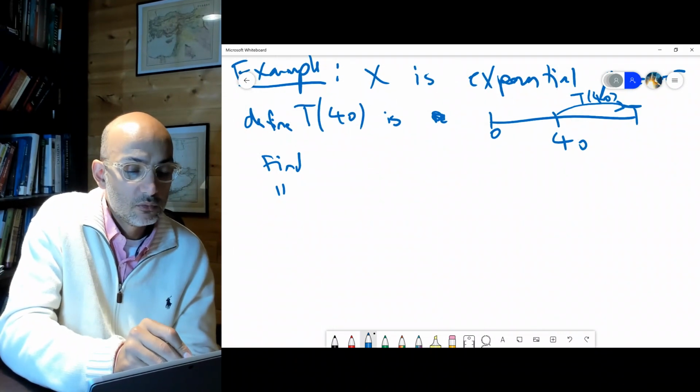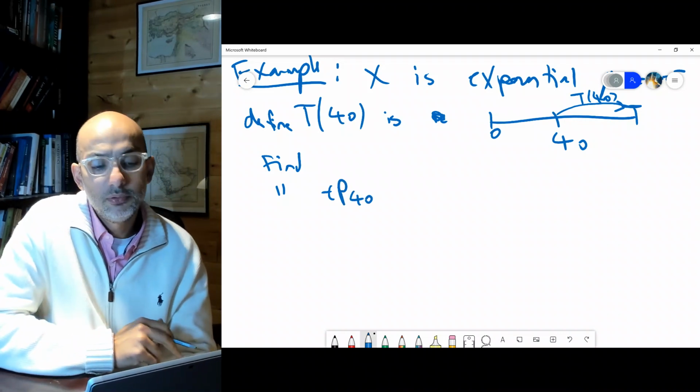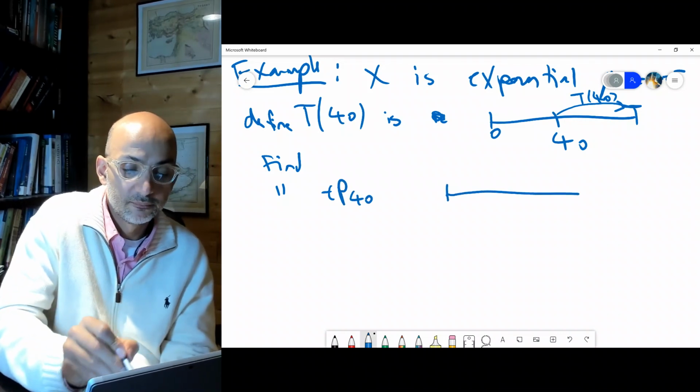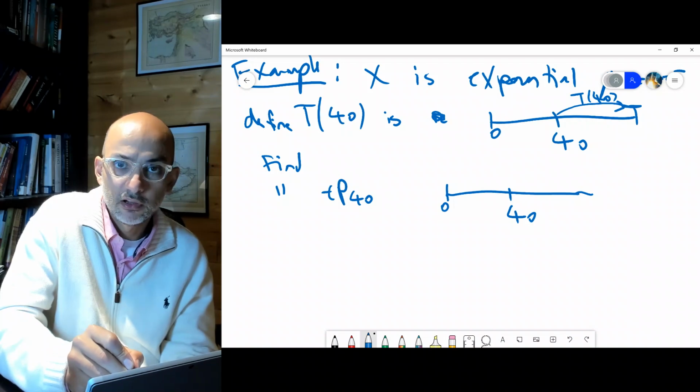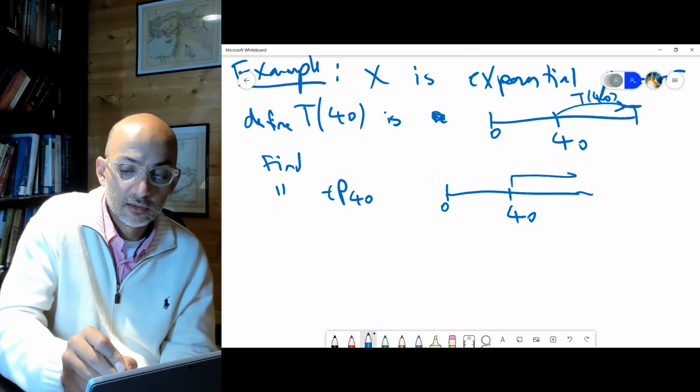Well, first thing we wanted to find is tp40. What is tp40? If you draw it, it is 0, 40, and we need the survival function if somebody reached 40. So this is tp40. Basically the survival function if somebody reached the age 40.